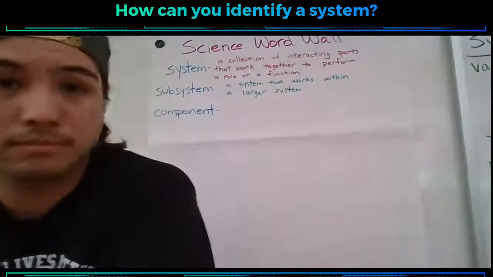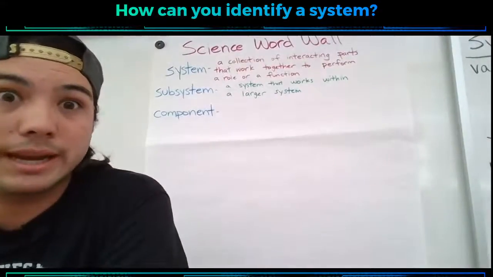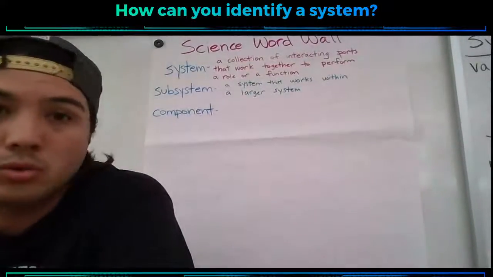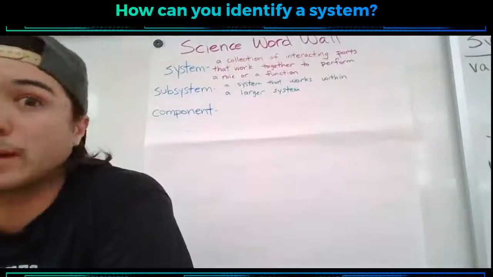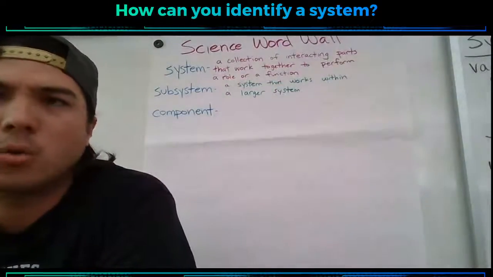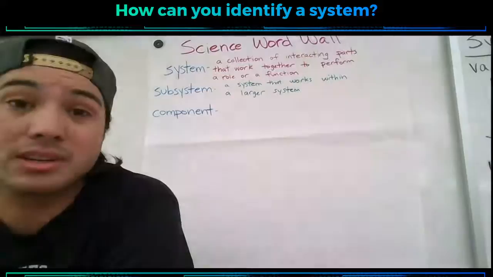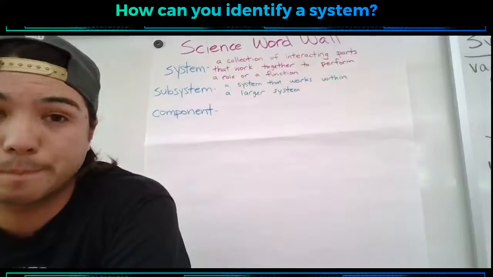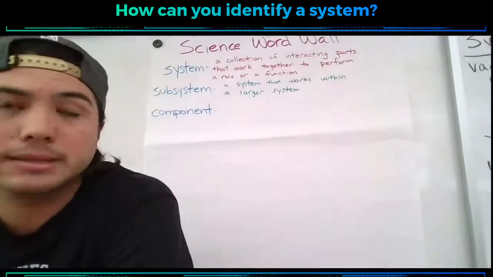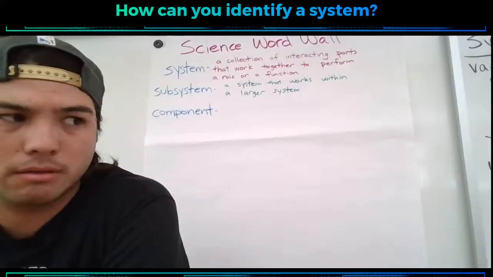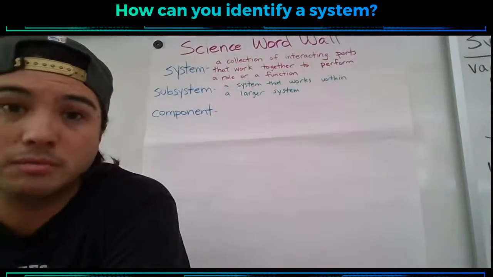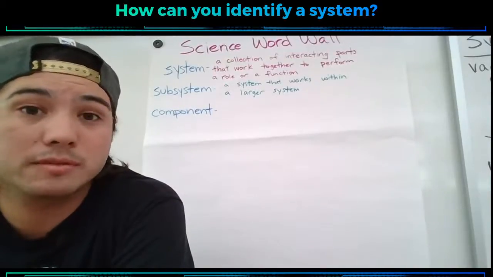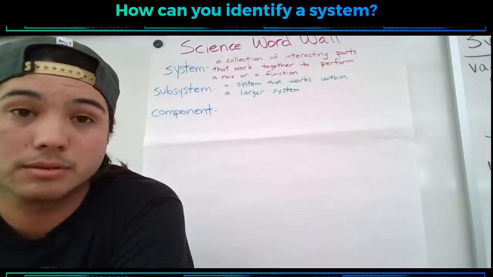BART as a system with all of its interconnecting lines and tracks and the huge concrete pillars that hold up the tracks when they're elevated above the street, or the subway tunnels that go underneath the bay or underneath downtown San Francisco. Okay? Those are all components in that system whose function or role is to be a mode of transportation, to take hundreds of thousands of people around the Bay Area every single day.